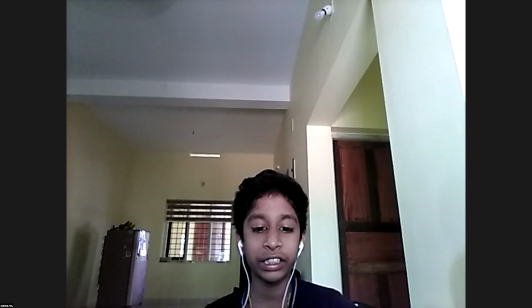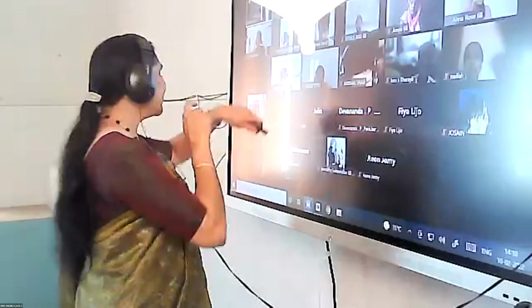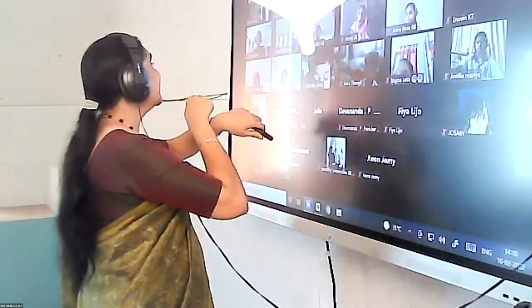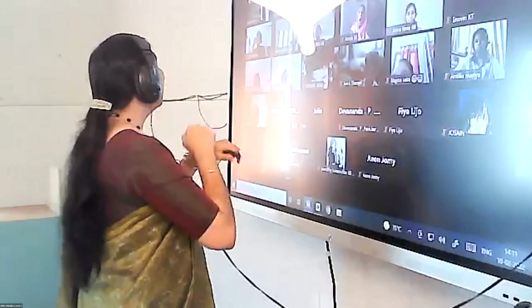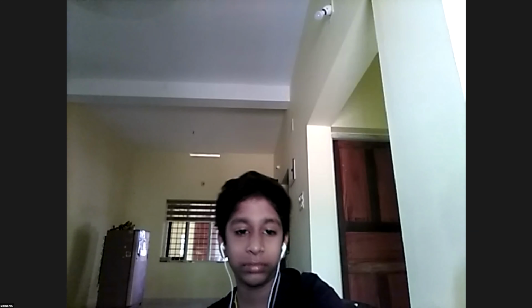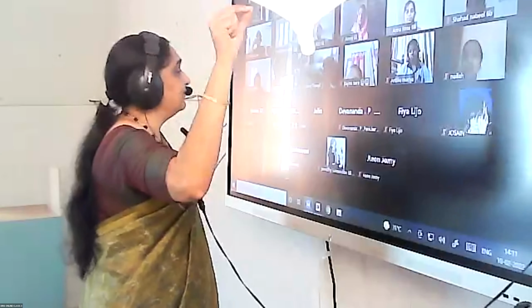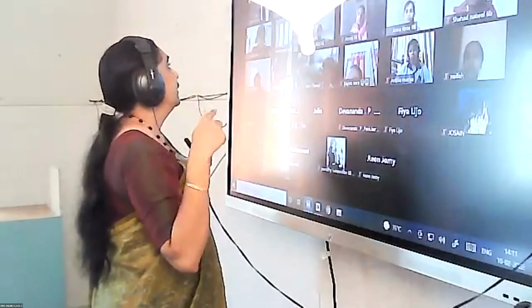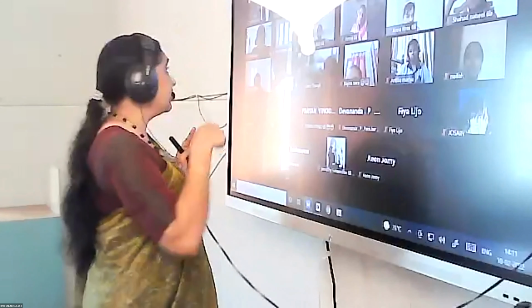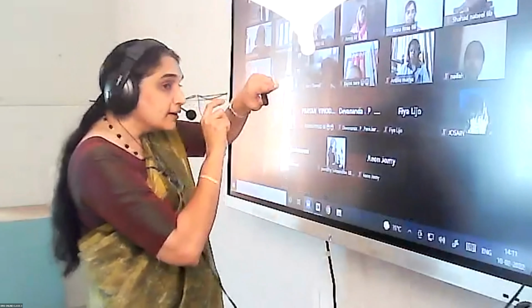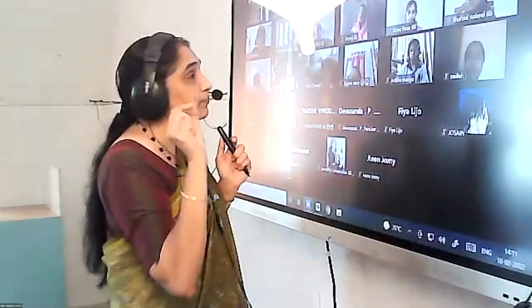Ma'am, inside the watch, it is fixed to a point. There is a fixed point, isn't it? Using that point, these hands are moving, and in that case it is rotational. Okay, ma'am. But each point on the hand is covering the circulatory motion, and the middle point of the dial is in rotational motion.